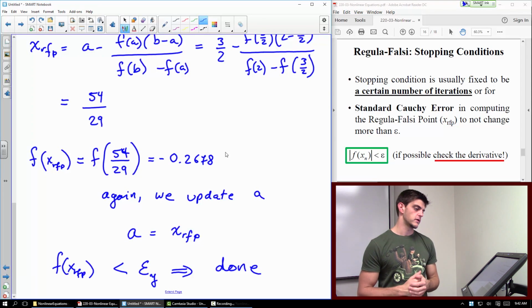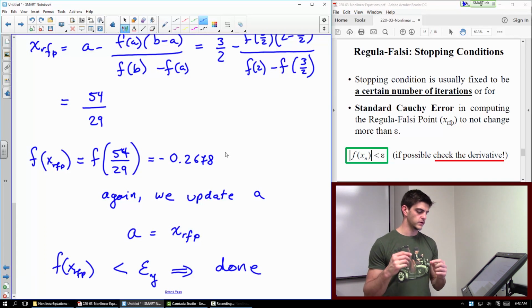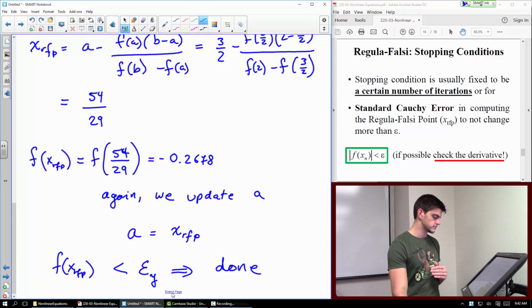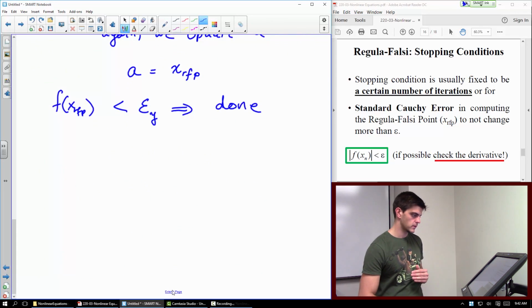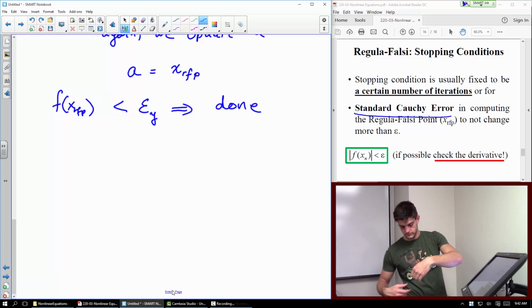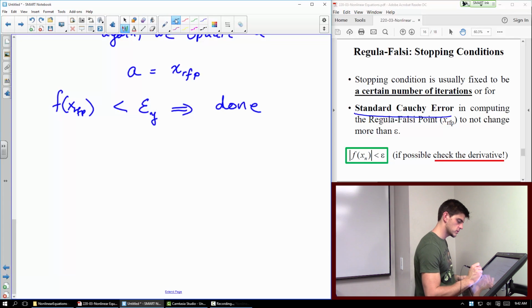The other kind of error that you can talk about is the standard Cauchy error. And this one isn't defined by how far you are from your x-axis. Instead, and that's written right here, instead, you look at the change.